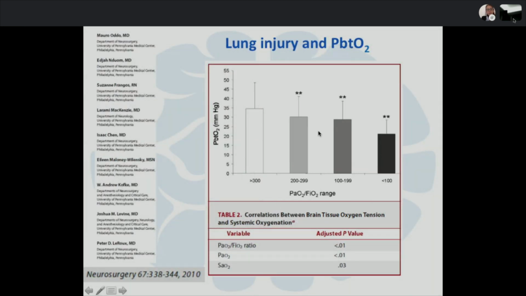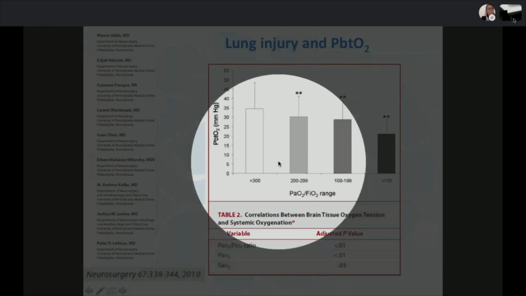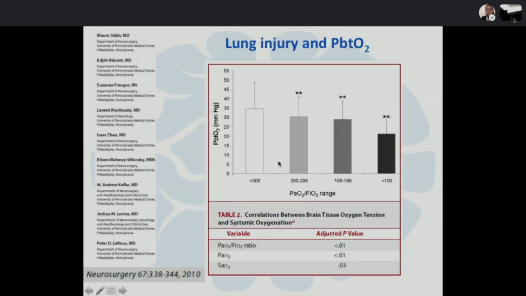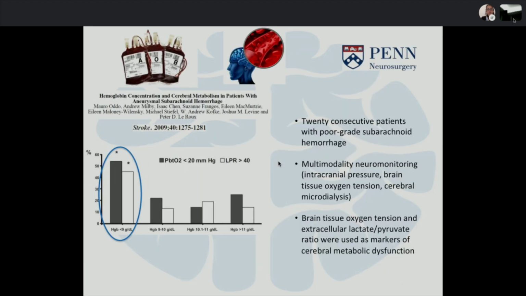And what they found is that the cerebral oxygenation is obviously correlated with the PF range. So it's not just about cerebral metabolism, it's of course also about systemic oxygenation and the amount of oxygen which is actually delivered to the brain.